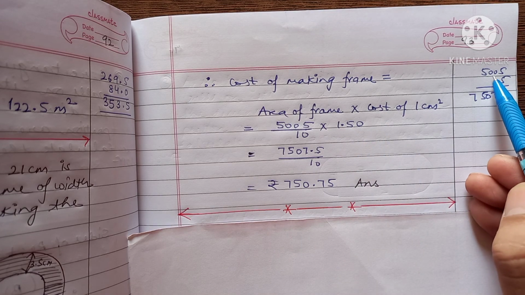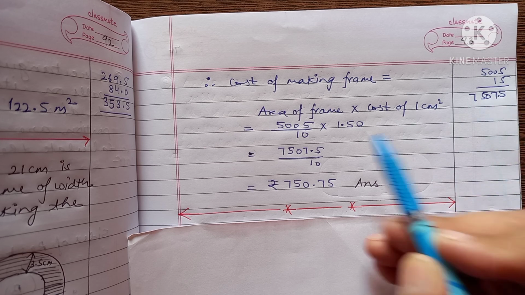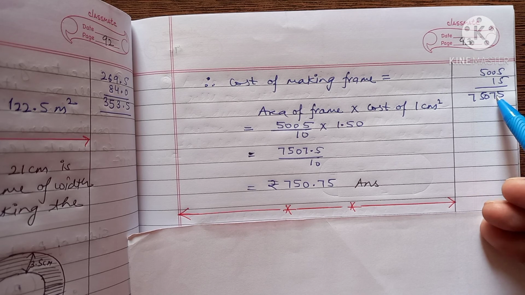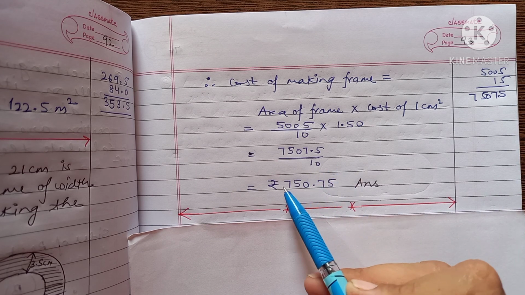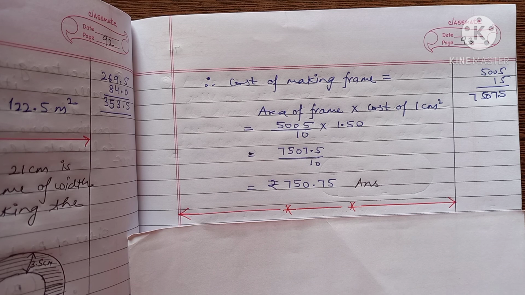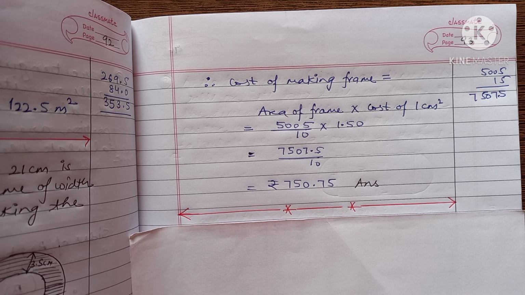We multiply 5005 with 15, it comes out to be 75075, and here the decimal is one place, so we put the decimal leaving one place, and further over 10, so it is 750.75. So it means the cost of making the frame is 750.75 rupees. In the same way you can solve the other problems of exercise 18.5.